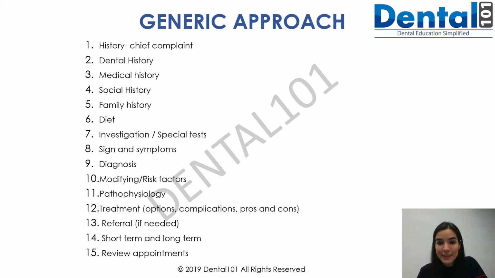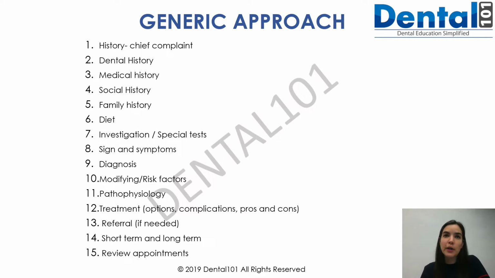What I mean by that is, if we are talking about, let's say, a perio case, family history is quite important. So we don't want to forget point number 5, because we know family history is one of the things that we need to ask patients that have any kind of perio history.